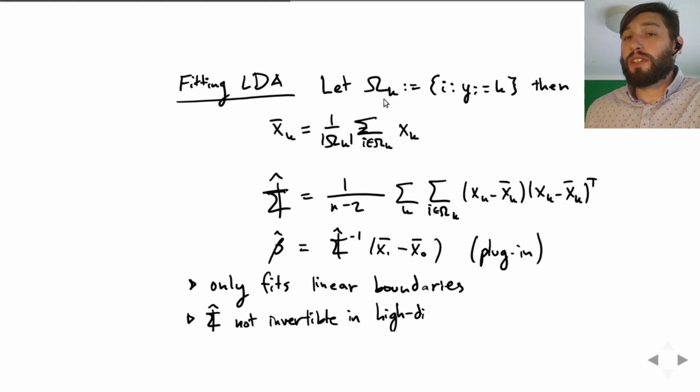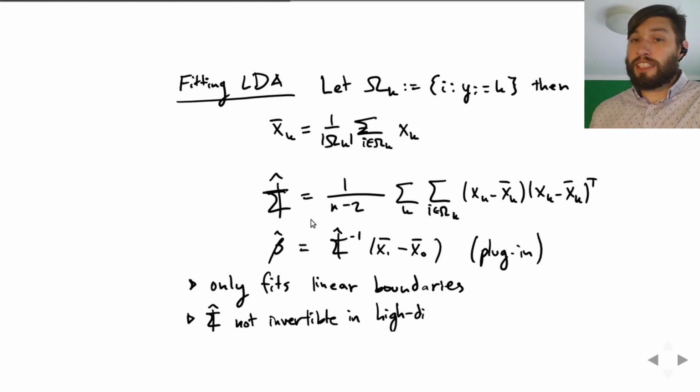If this omega sub k is equal to all of the i's such that it's in the k-th class, so that's the indices for the k-th class, then this x bar sub k is our estimate of the mean, right? This is a vector, x bar, because all of these x's are vectors here. And then sigma hat is going to be a pooled variance estimate. And so if you're accustomed to, say, t-tests with pooled variance estimates, then this should look familiar to you.